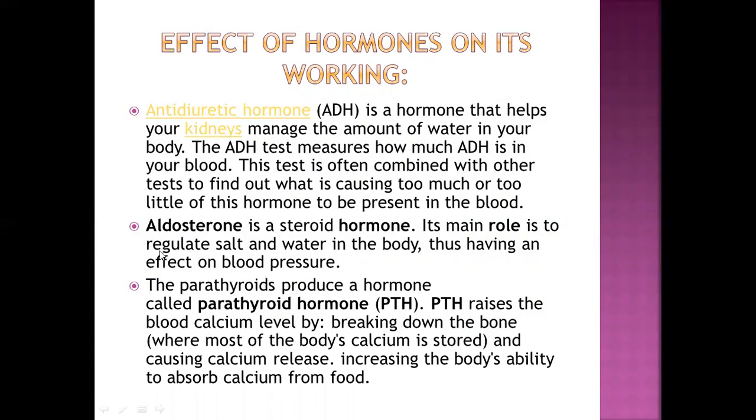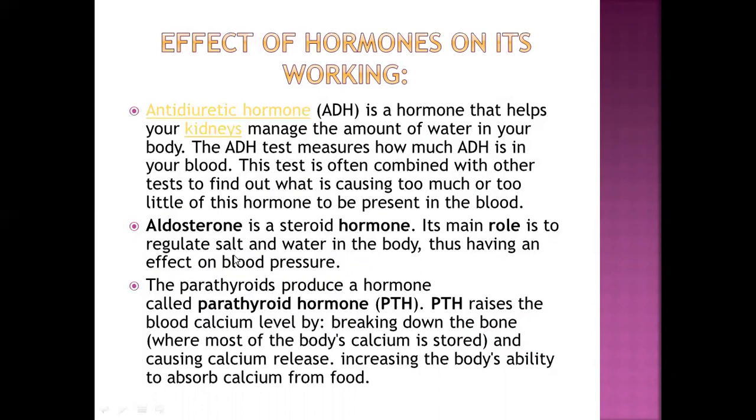After that, aldosterone. Aldosterone is a steroid hormone. Its main role is to regulate salt and water in the body, thus having an effect on blood pressure. So blood hypertonicity or hypotonicity depends on one hormone, which is aldosterone.